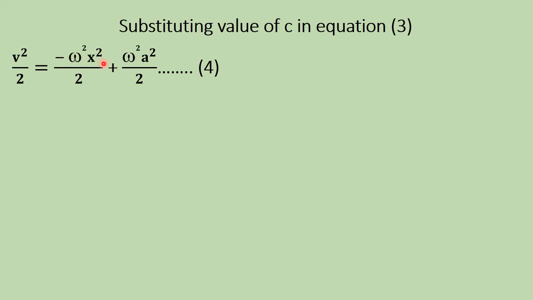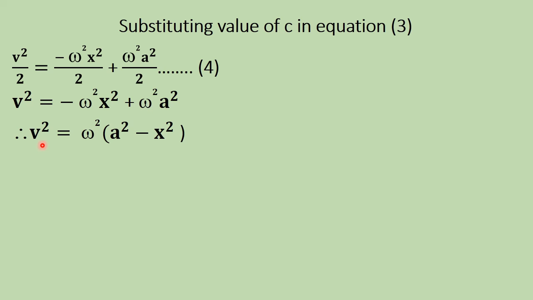Now we can take omega square common as well as cancel 2. We get v square equal to omega square into a square minus x square.